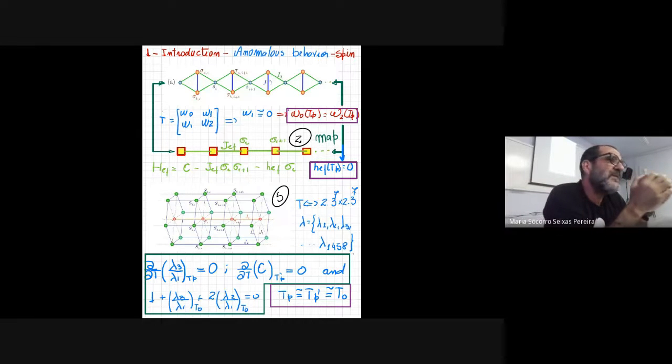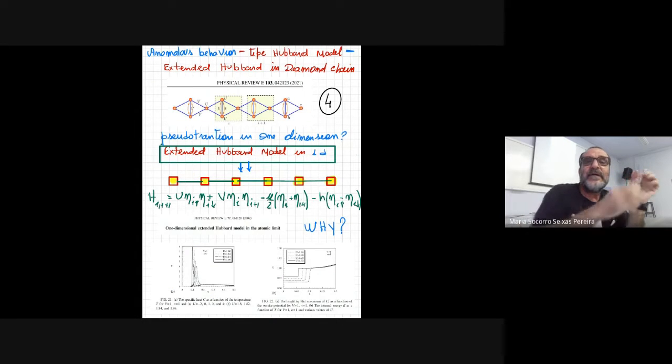And in this model, these three equations were necessary to obtain the pseudo transition. But at the same time, we returned to the diamond chain, but using the Hubbard model. We change the spin model to the Hubbard model.